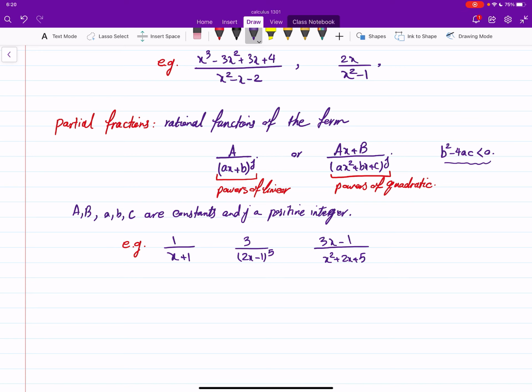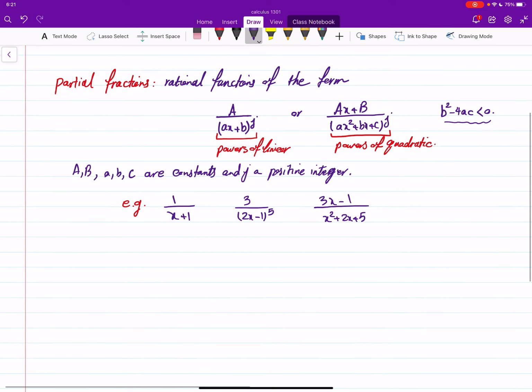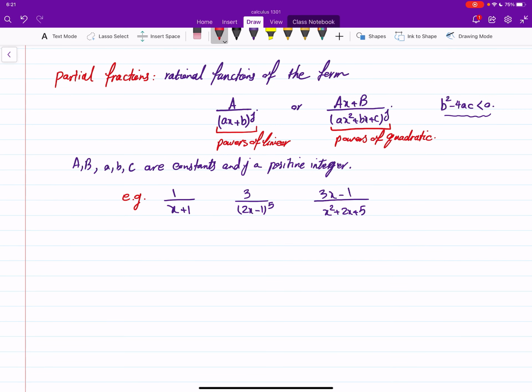So you say, okay, why are partial fractions important? Why on earth do we choose this specific family, and why are these important for us here in Calculus 1301?